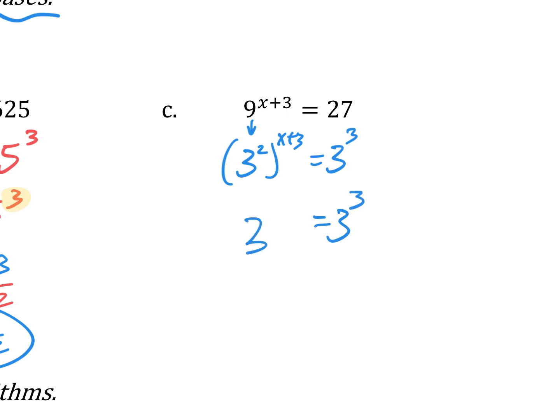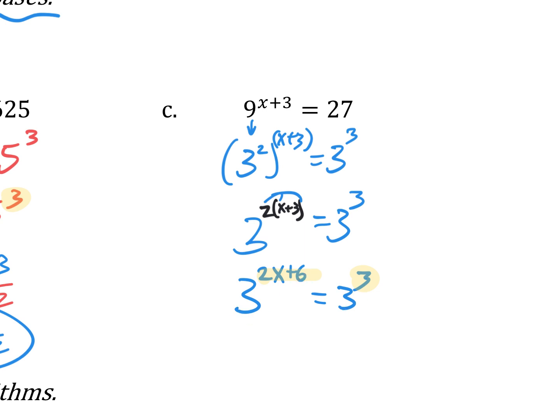Okay? So now we're going to multiply these powers. So power to power, we multiply. So that's going to be 2 times x plus 3. And we can clean that up a little bit, right? We'll distribute this, 2x plus 6. And now we have our bases the same, and our powers have to be equal since we've got a power of 3 and a power of 3.